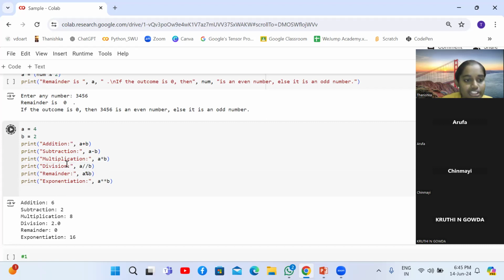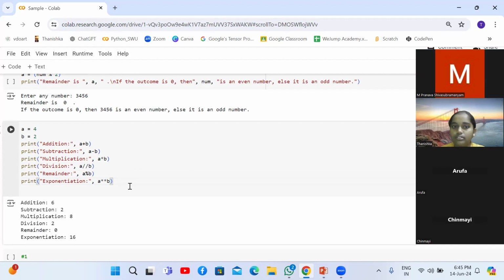Okay, so here, these first 5 things you guys already know. Anybody know this last thing? Even instructors can answer. Do you guys know this last one? Anyone? Okay. Pranava does.